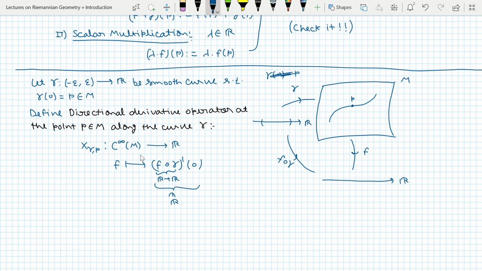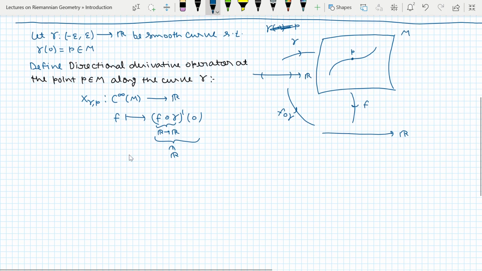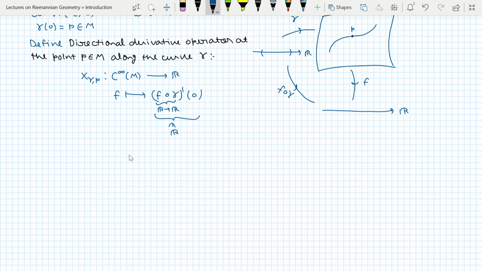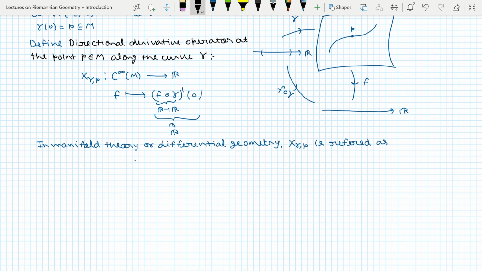This entire thing belongs to R. So this is your directional derivative operator, and in manifold theory or differential geometry, this X_gamma,P is referred to as a tangent vector.